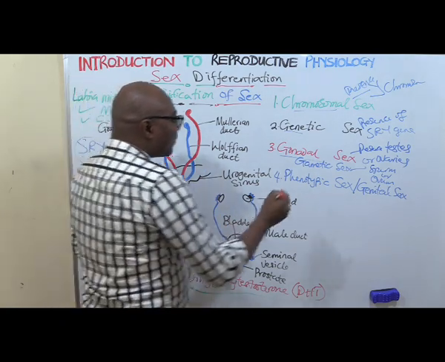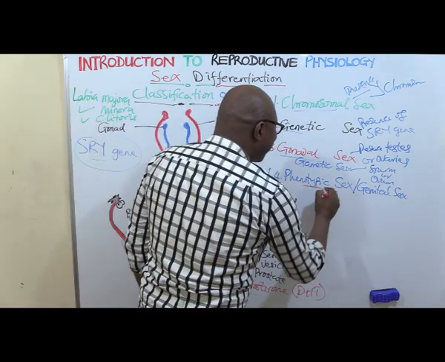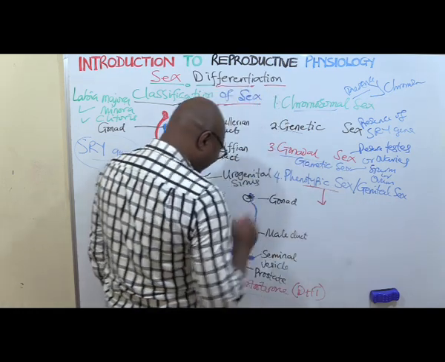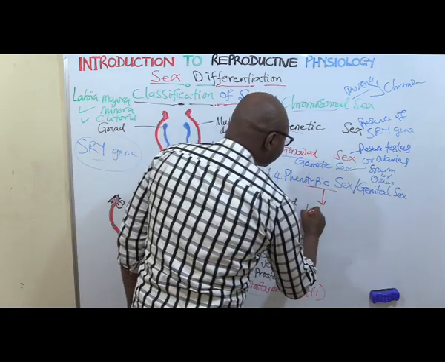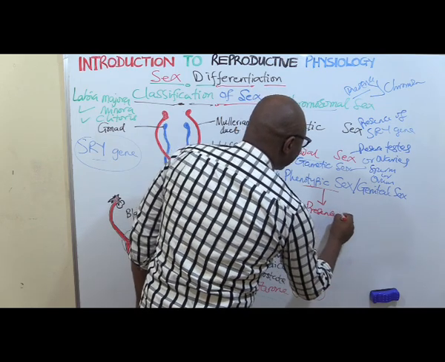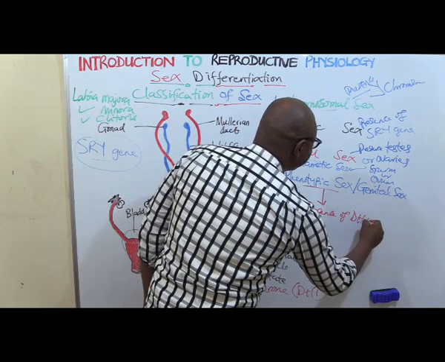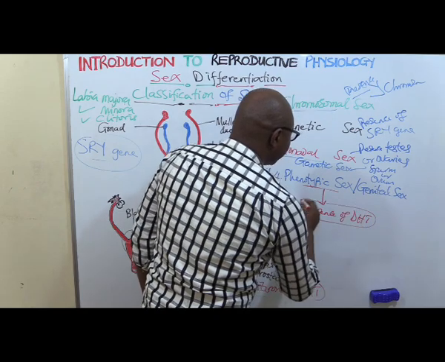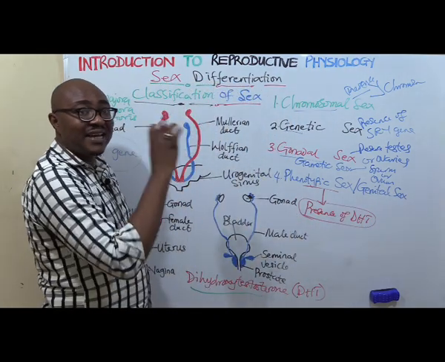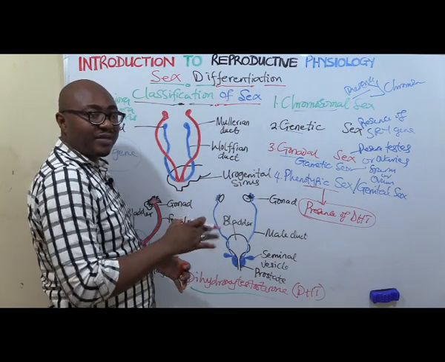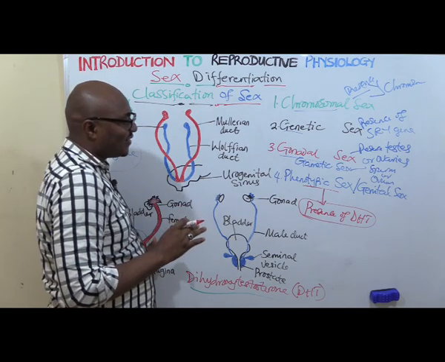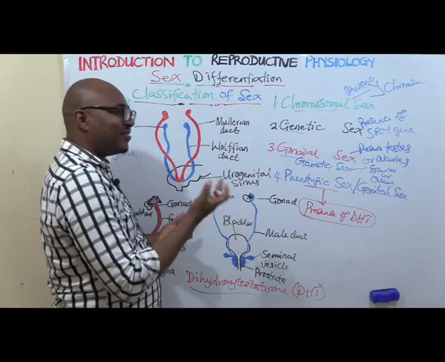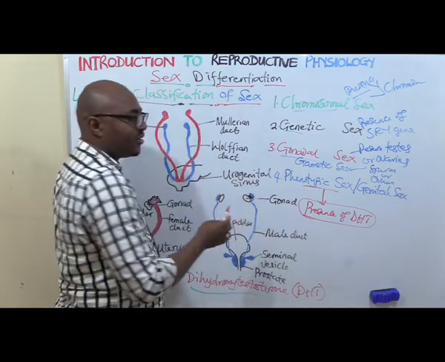All right, so for the male, this is based on the presence of DHT. If DHT is not present, the penis and the scrotum cannot develop. The person will have female external genitalia. Right? So for the female, it is the absence of DHT.